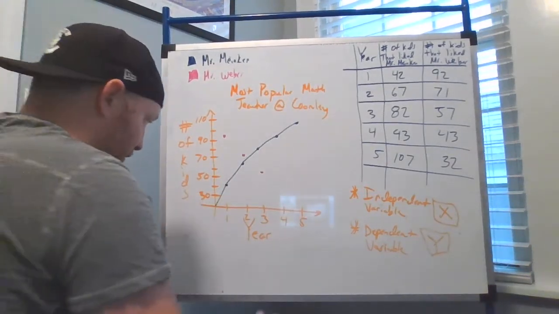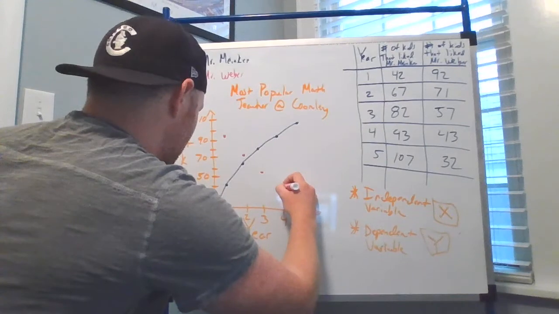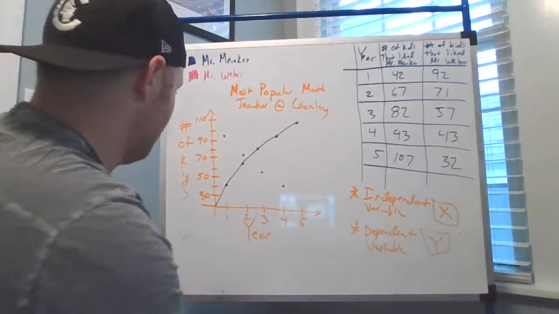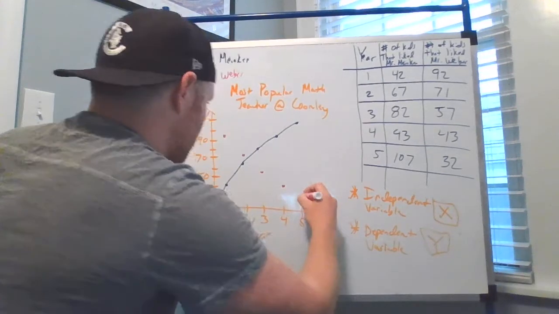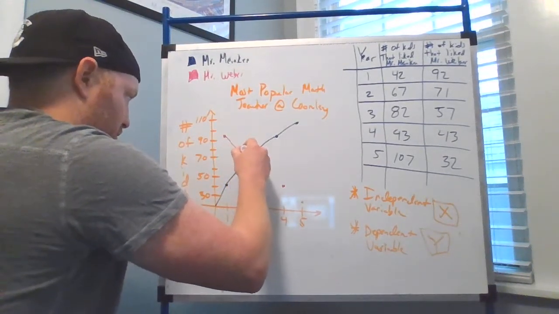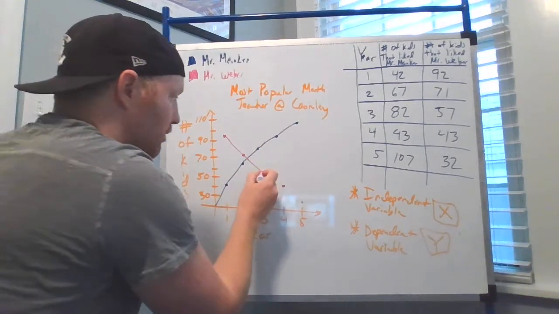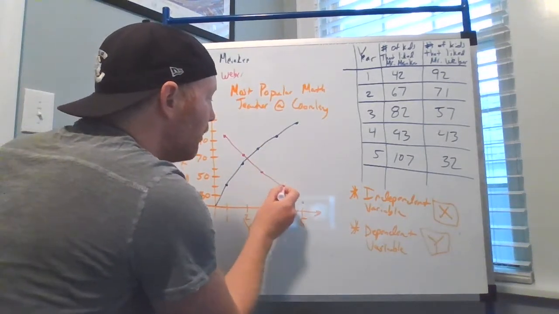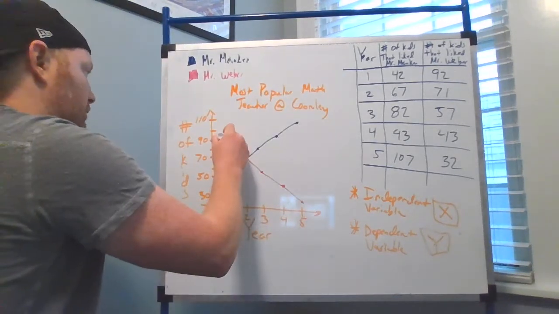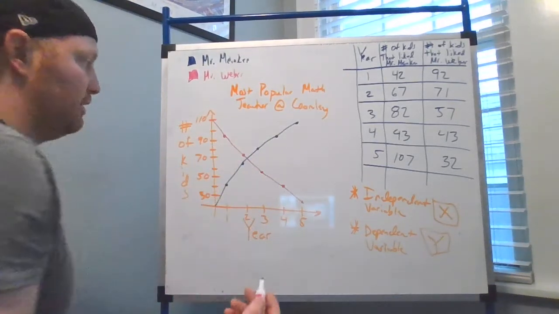Year four, 43. Man, I don't know what I'm doing. Year five, 32. Follow some trend. Who knows?